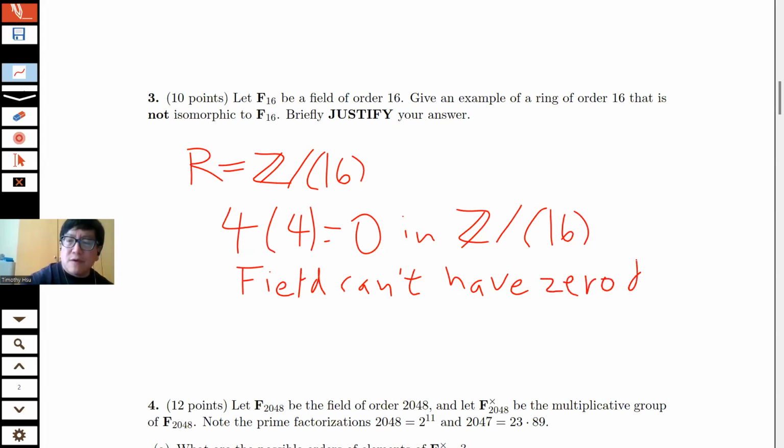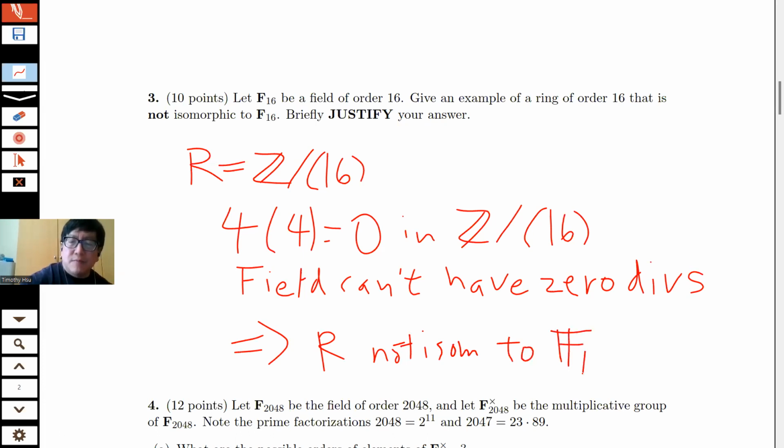A field can't have 0 divisors, which means that R is not isomorphic to F16.